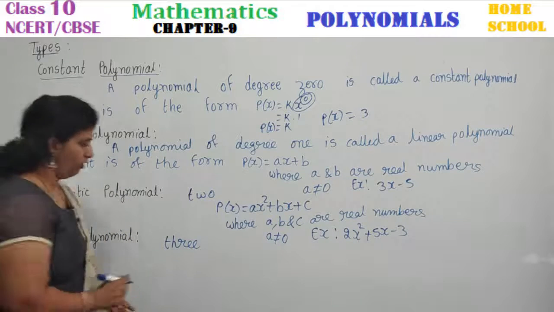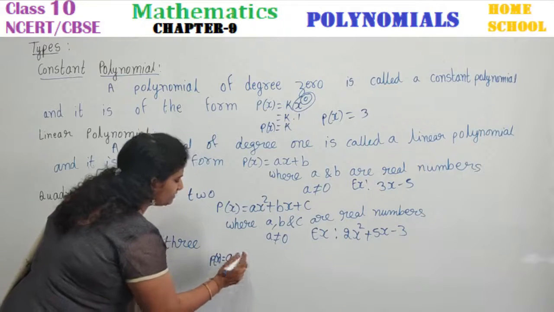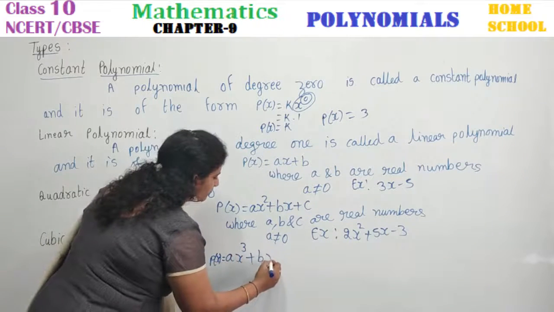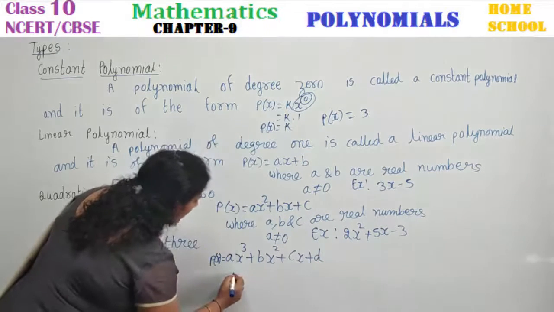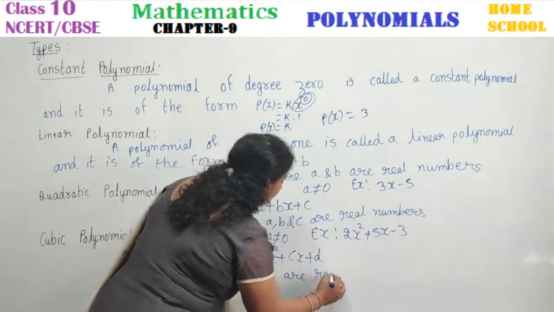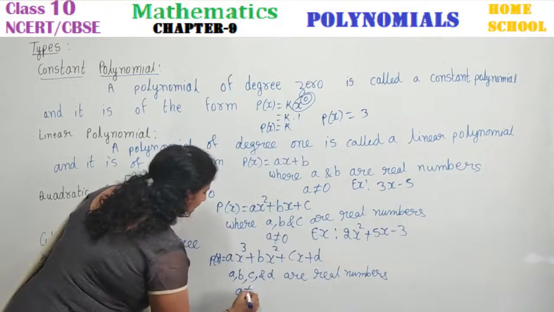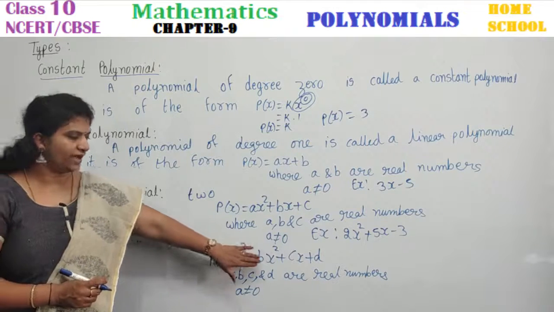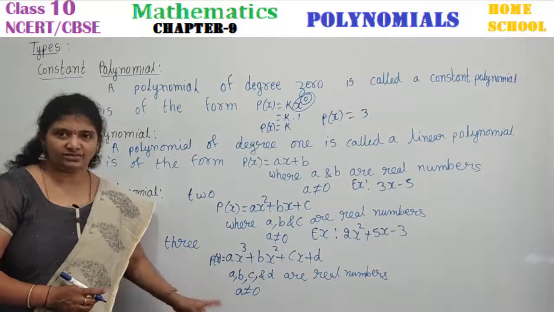It is in the form of, p of x, taking the variable x: p of x is equal to ax cube plus bx square plus cx plus d, where a, b, c and d are real numbers and a cannot be equal to 0. If a becomes 0, what happens? 0 into anything is 0 and this will become a quadratic polynomial. Therefore, a should never be 0.